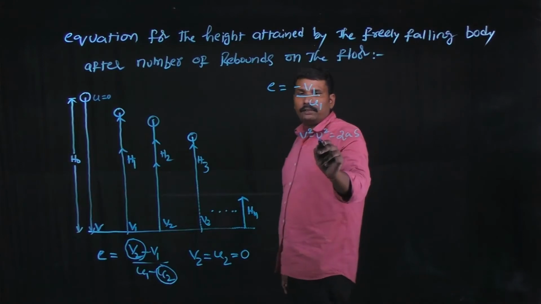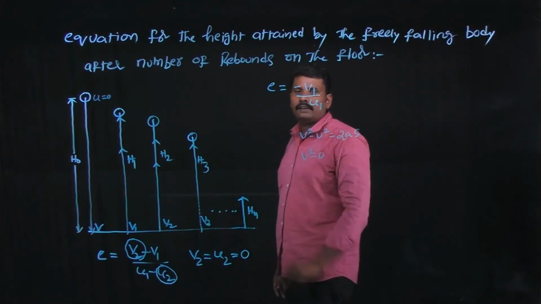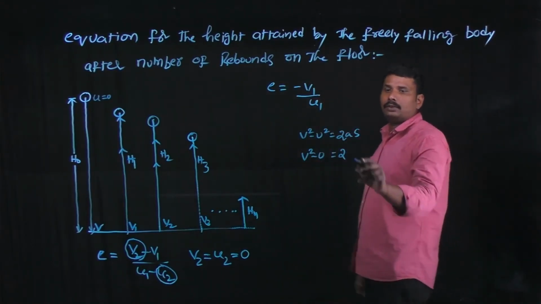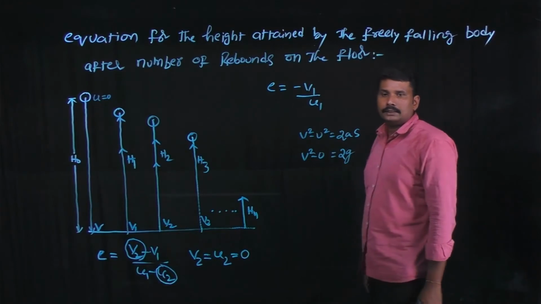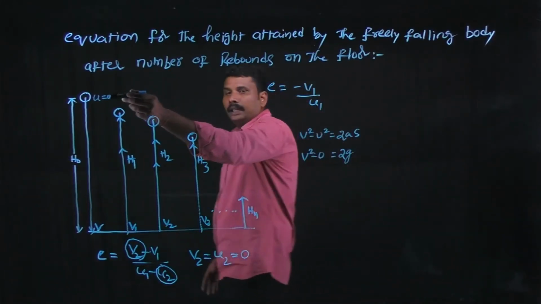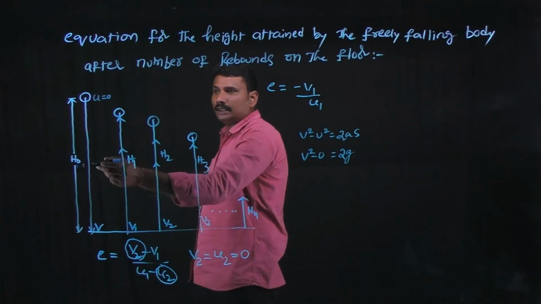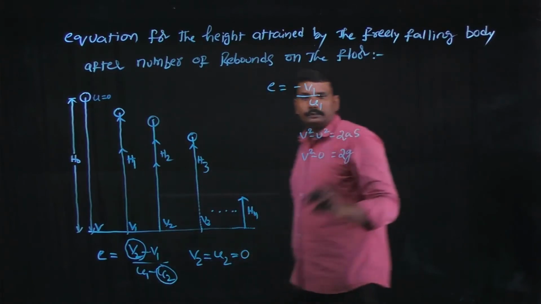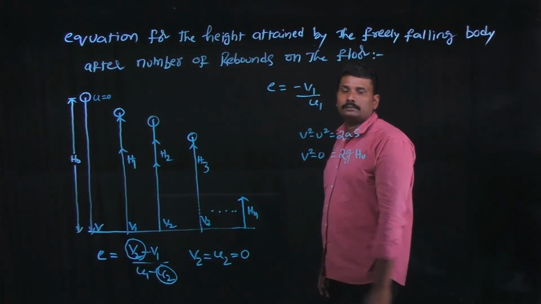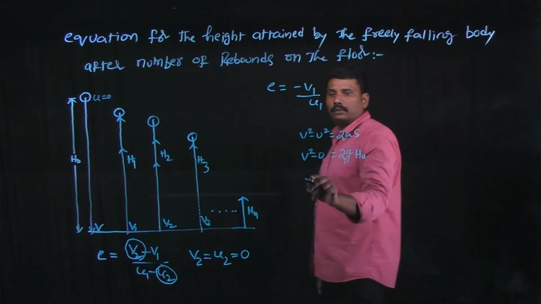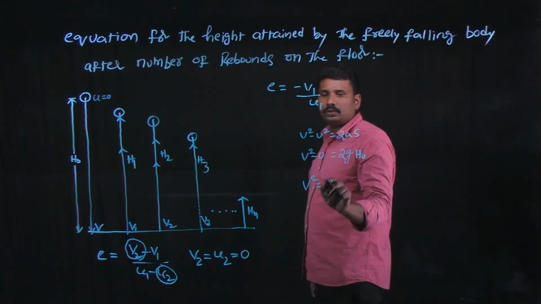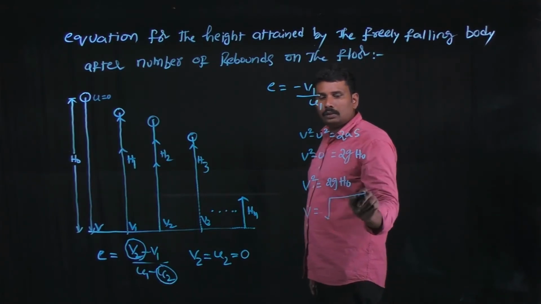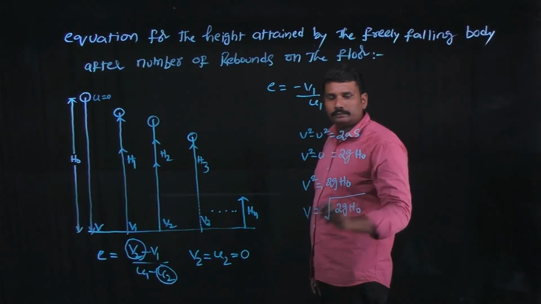Of course, it is a freely falling body, that's why its initial velocity is zero, and the acceleration is the acceleration due to gravity g, and it falls from a height h0. Here h0 is the displacement travelled by the object. So v square equals 2g h0 and v equals under root 2g h0.